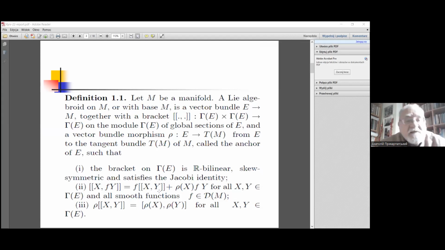So let's proceed to the definition. Definition of the algebroid. Let M be a manifold.